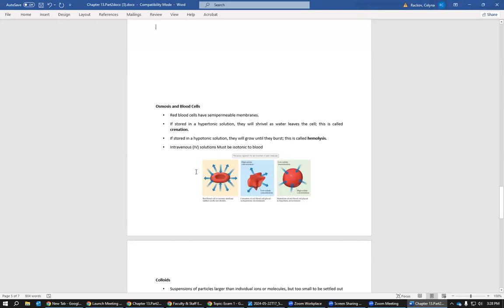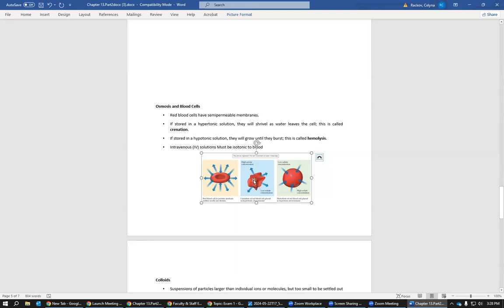So you have here this first one, red blood cells in the isotonic medium, that means the same concentration inside and outside, right? And this one here, you have crenation, red blood cells placed in a hypertonic environment.